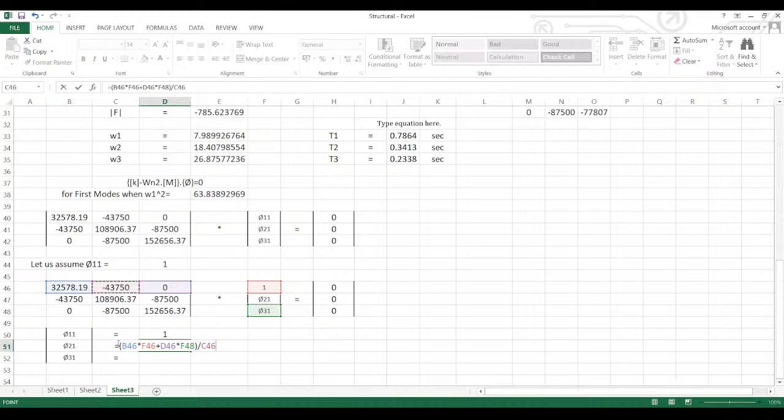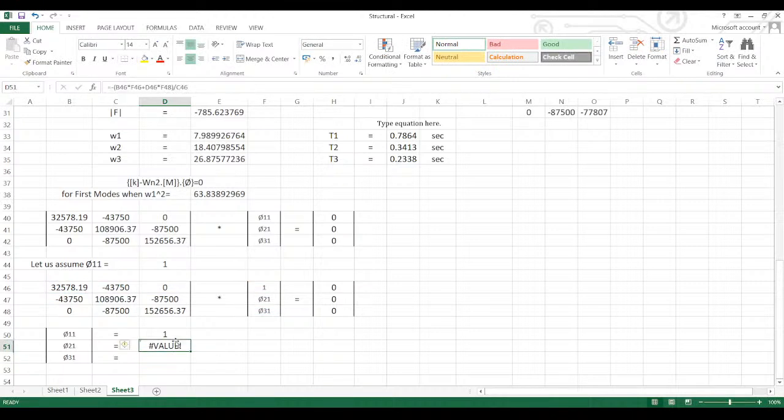This value, but there is a minus 1 coming, negative. We are solving this equation, this into this into this plus this into this by this.